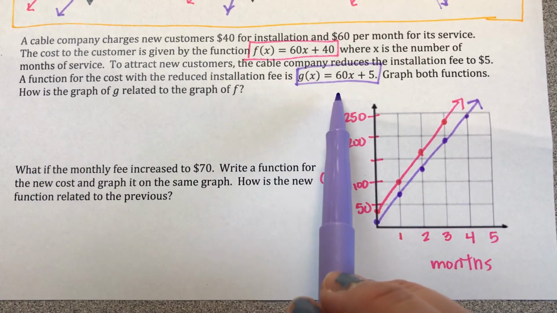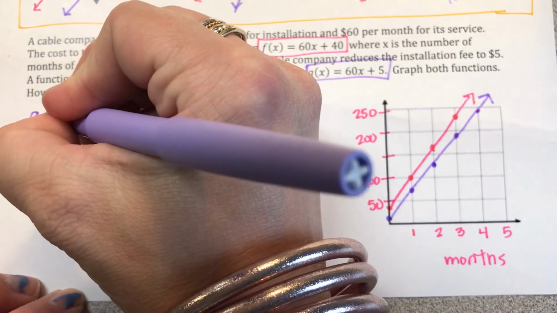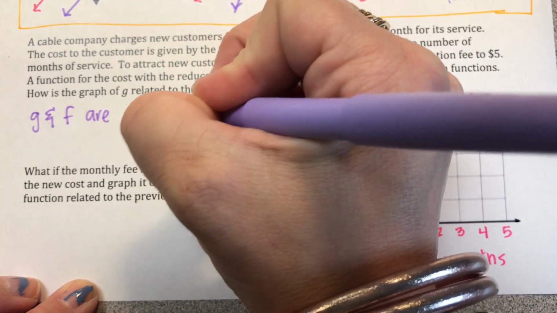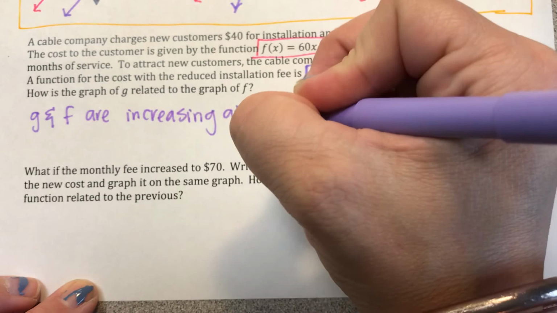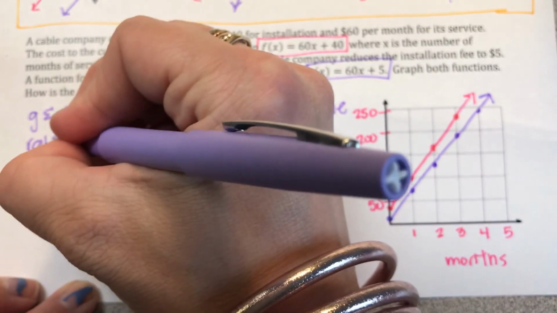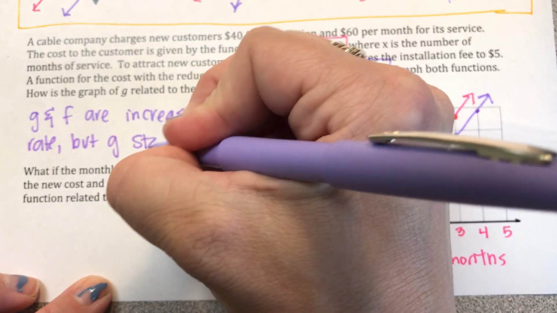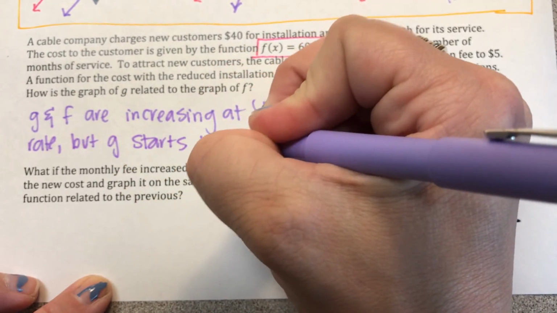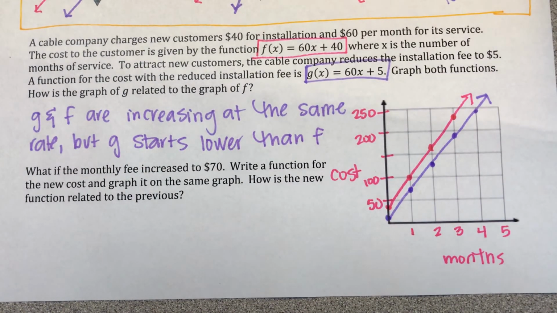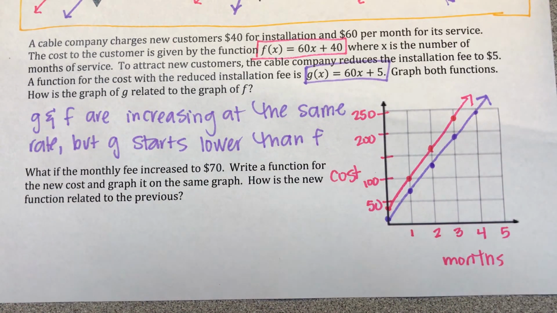They had the same slope, so we can say G and F are increasing at the same rate, but G starts lower than F, right? Everyone's bill is going up $60 a month, but this one just started $45 less.